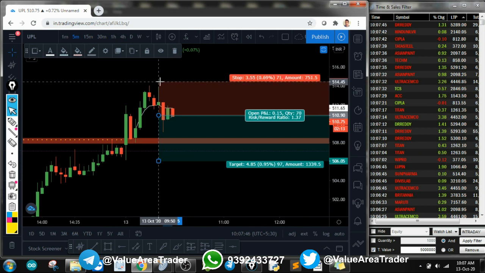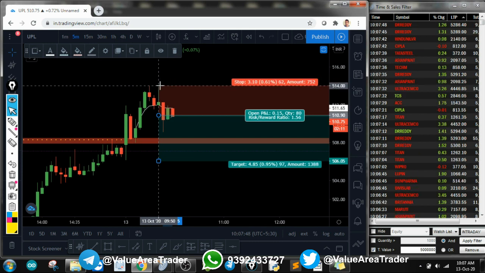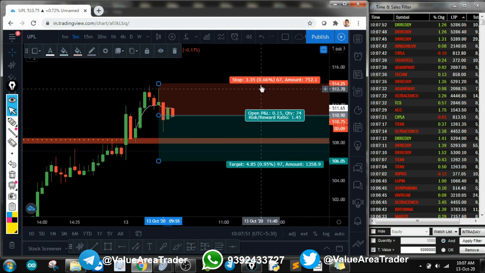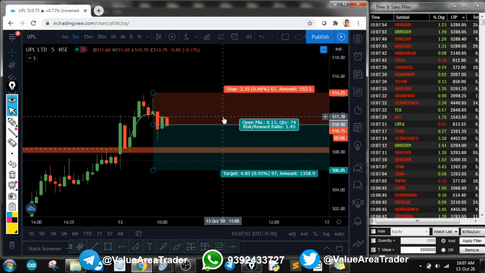I'll keep my stop loss very near so that we can have a 1.5 risk reward ratio. So we have a 1.45 risk reward ratio. So let's go for a sell in UPL.